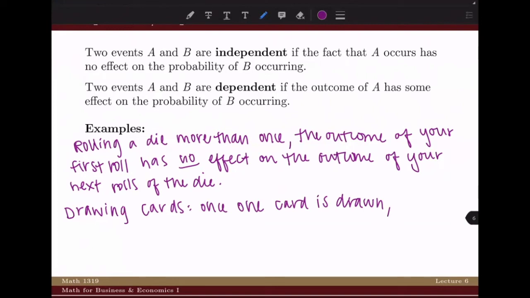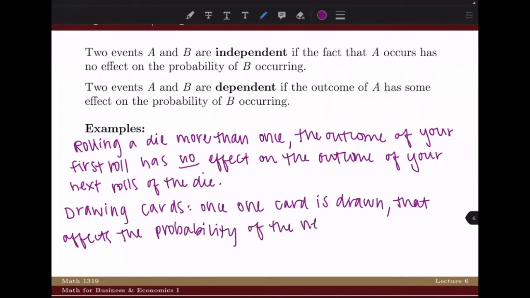So that affects the probability of the next card being drawn, if the card is not replaced.